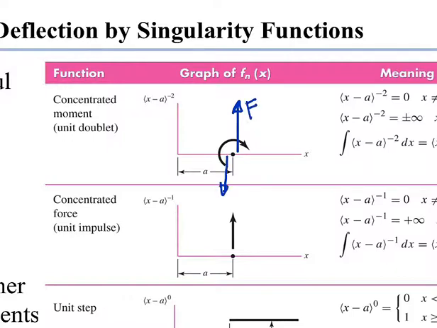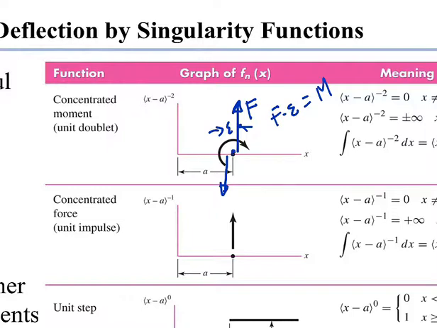So we have F up and F down, and the distance between them is very small. Let's call it epsilon. So F times epsilon is a concentrated moment, and it is concentrated at the point A.